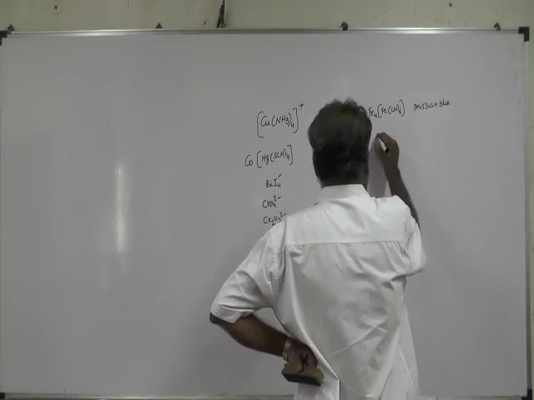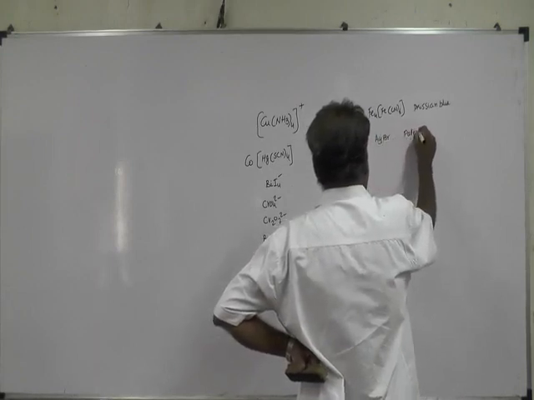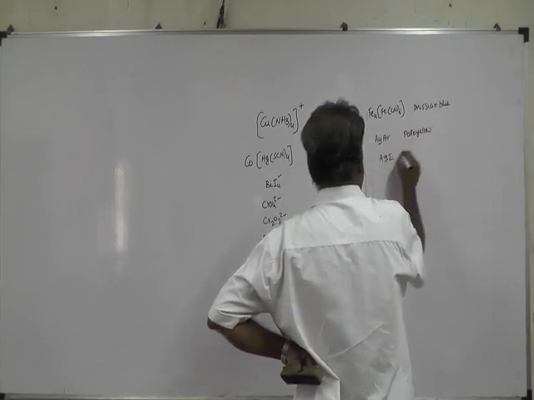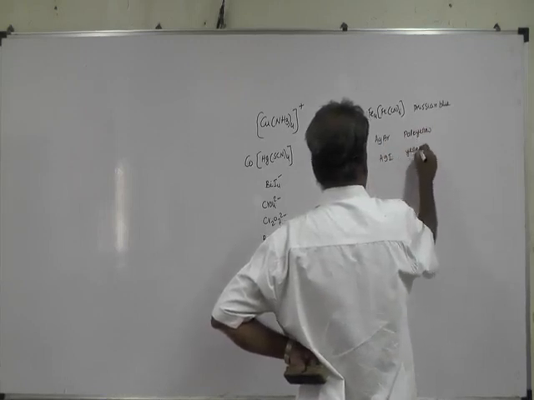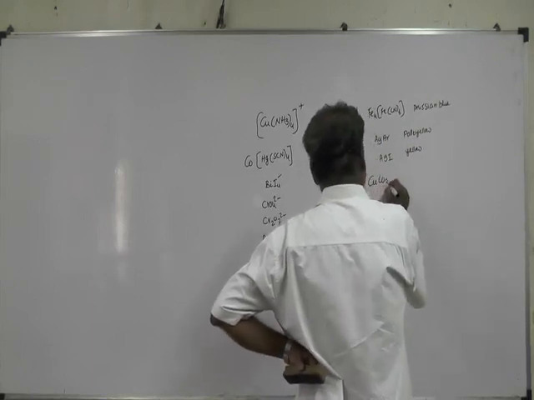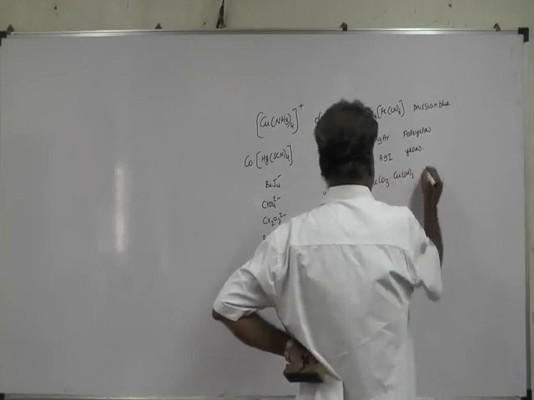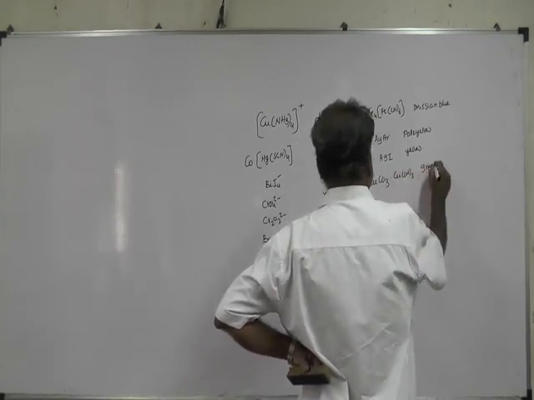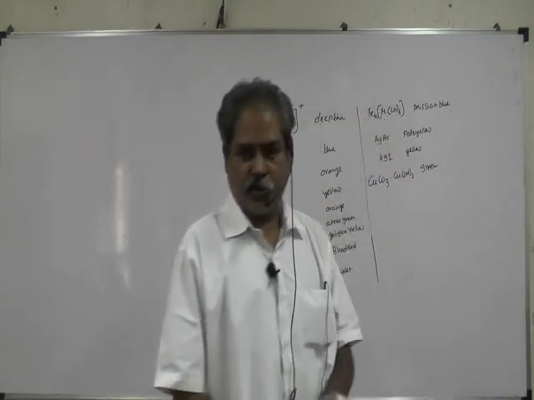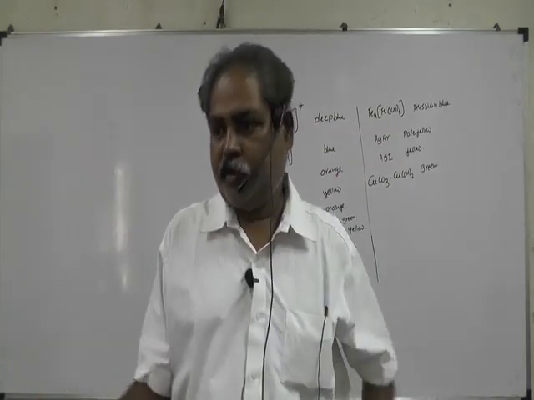Next, AgBr, pale yellow. AgI yellow. CuCO3 CuOH twice, green. It's called malachite, and malachite green means the green color of that.